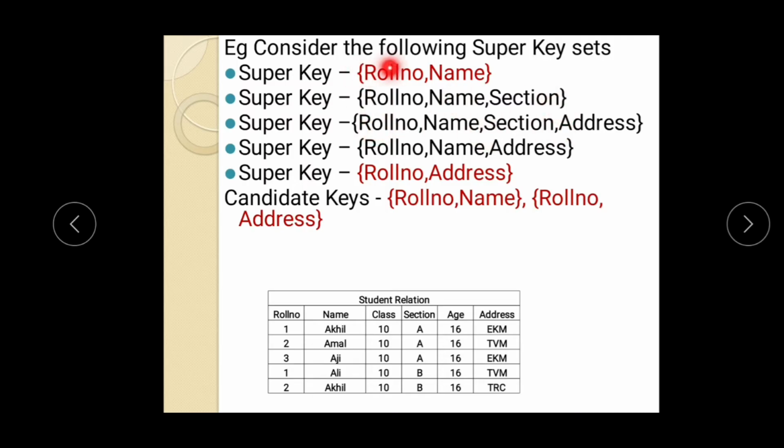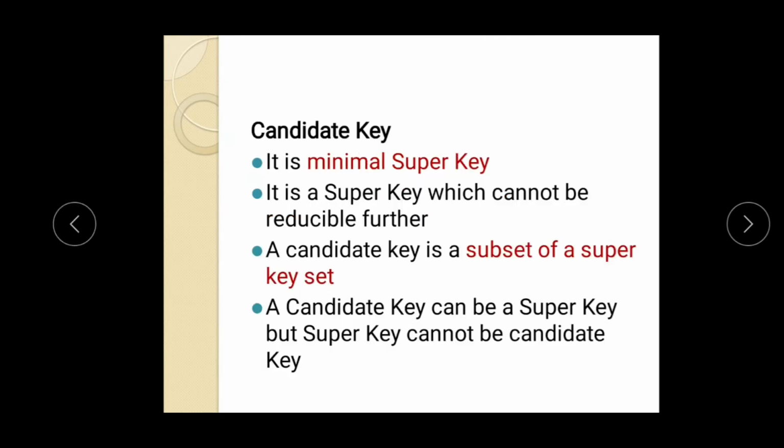This roll number, name is a subset of this super key. This roll number, address is a subset of this one and this one. So a candidate key is a subset of a super key, but vice versa is not possible. A super key is not a subset of a candidate key.